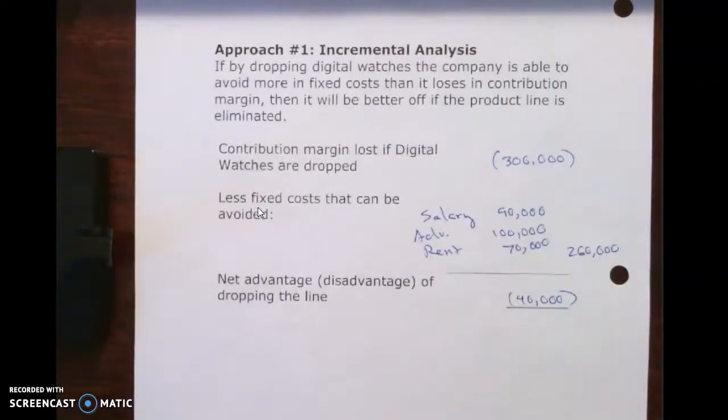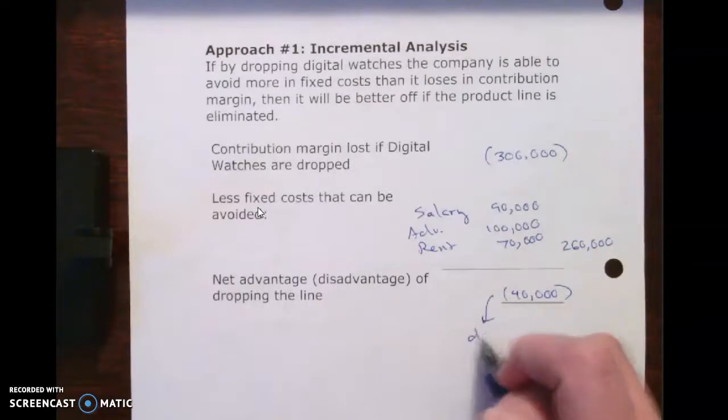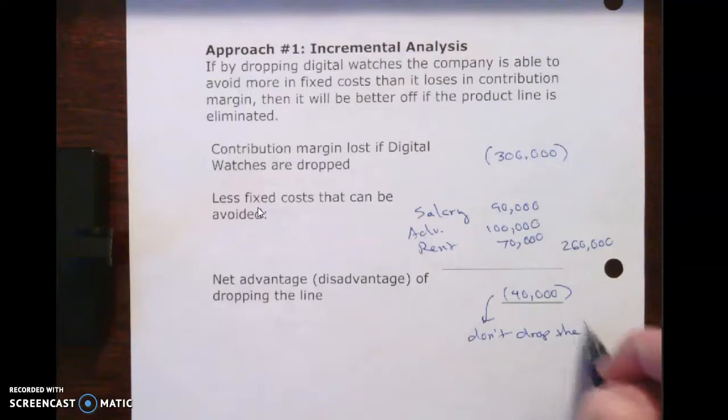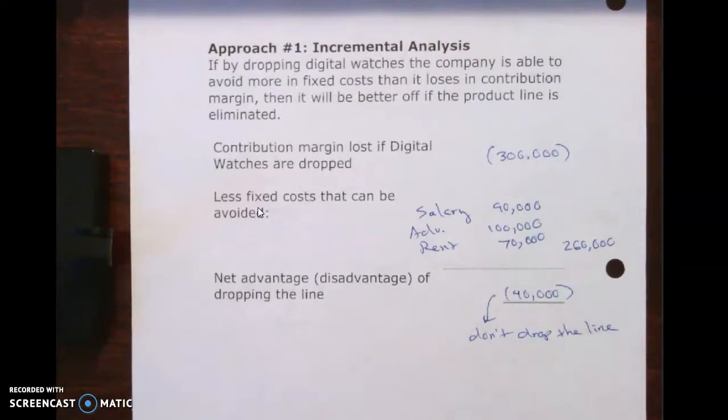So what we should say is, don't drop the line. So essentially, if we drop the line, we're going to lose more money by $40,000. So we'll lose $140,000 if we drop the line than if we keep the line. Okay? So that's what we're saying right over here.